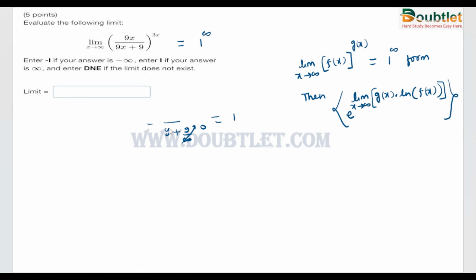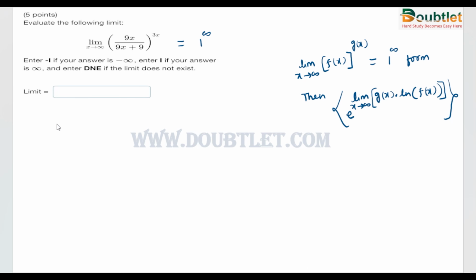Now we have to apply the given formula, that I have written already, that we have to take the log. So e to the power limit extending to infinite. We will use the property of log, then g(x) will come in front, g(x) multiplied by ln of f(x).